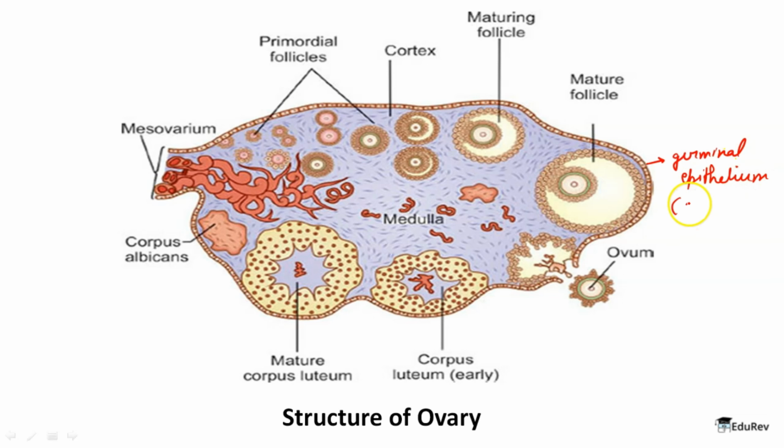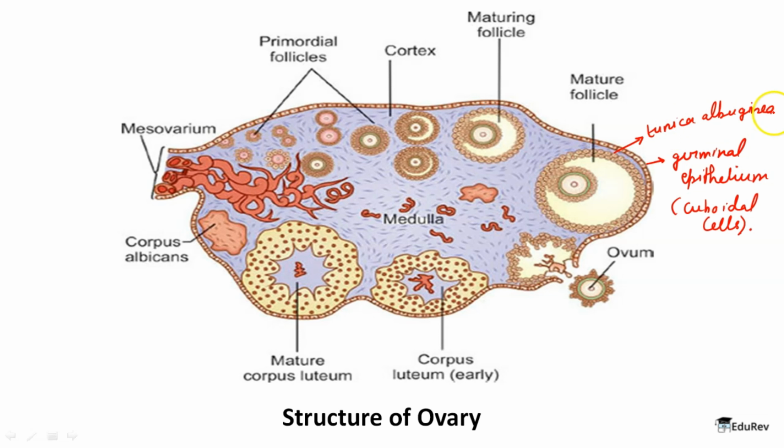And they are made up of cuboidal cells. So now inside the germinal epithelium we have another layer which is known as tunica albuginea. What is it known as? It is known as tunica albuginea.